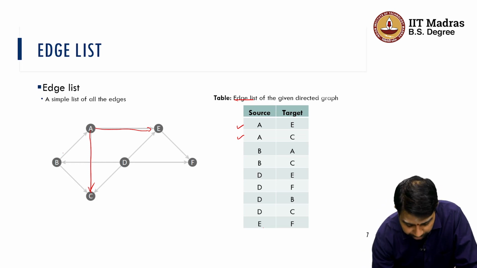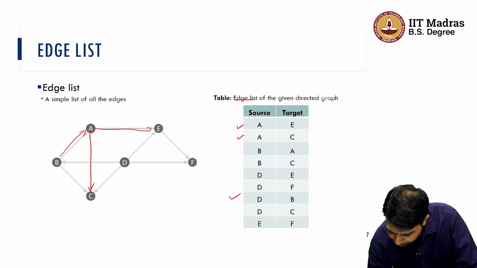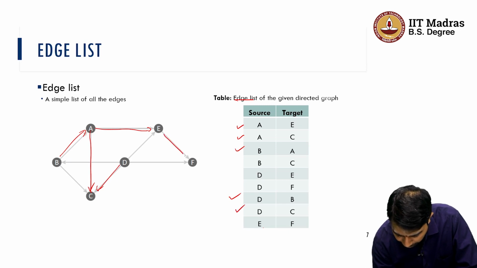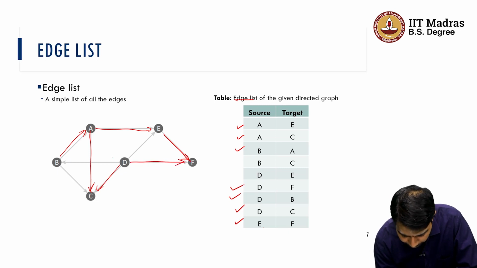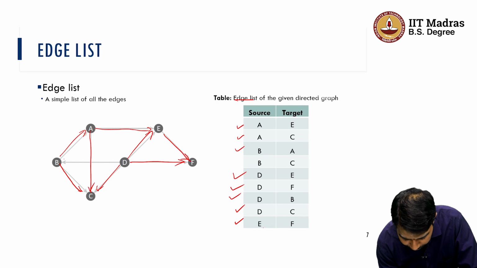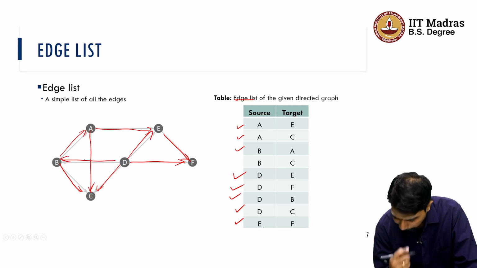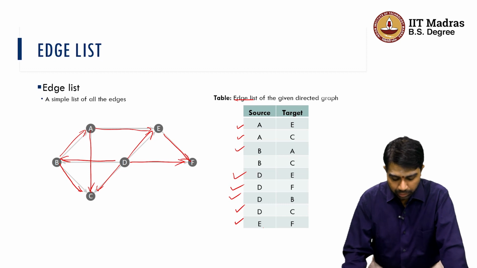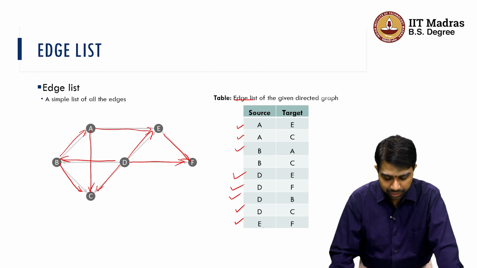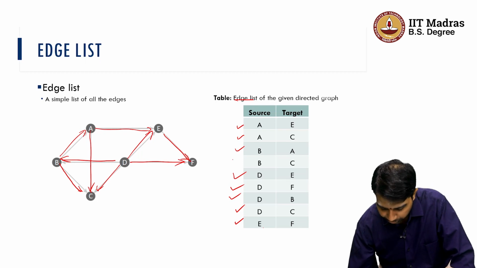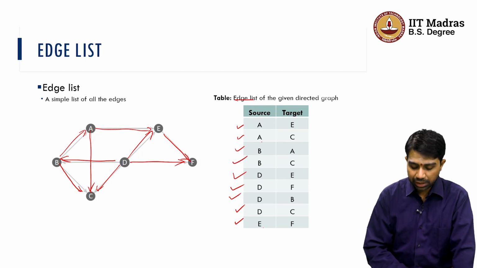Then you have B connected to A, then D connected to B is here, and D connected to C is here, E connected to F, D connected to F, D connected to E, and B connected to C. So, you have 9 different edges in this simple directed graph, and we have now enumerated all of these edges.